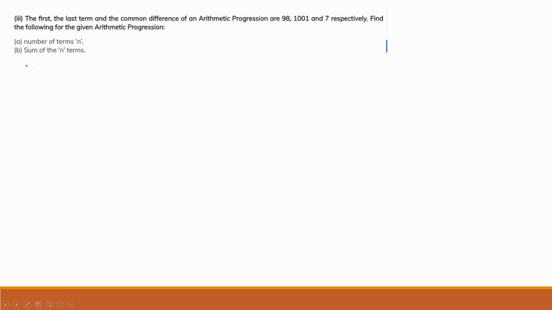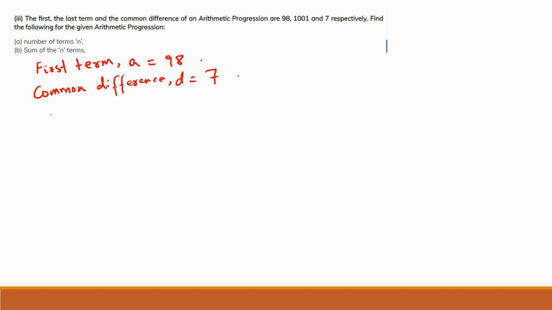So we can write, let us assume, first term a is given as 98, common difference d is given as 7, and last term, let's say tn equals 1001.